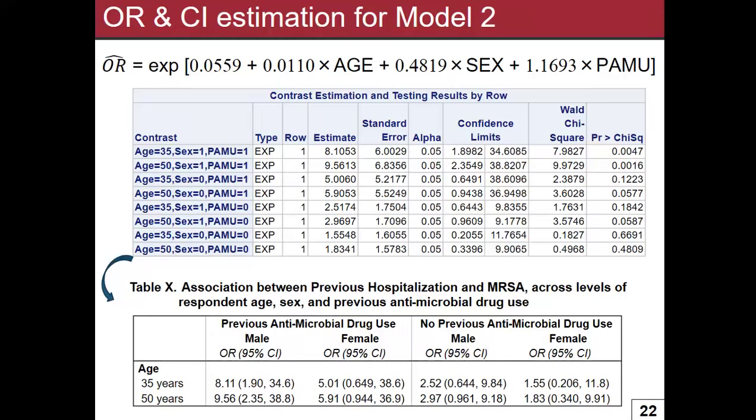Let's say in the first column, it's people that had previous antimicrobial drug use, the males, at 2 different values of age, with odds ratio and confidence interval. Then the females. And then the folks that had no antimicrobial use, the males and the females at the age groups. So this is really ugly, but you actually could format it into more digestible information, which I think is nice. You can also make plots of these.